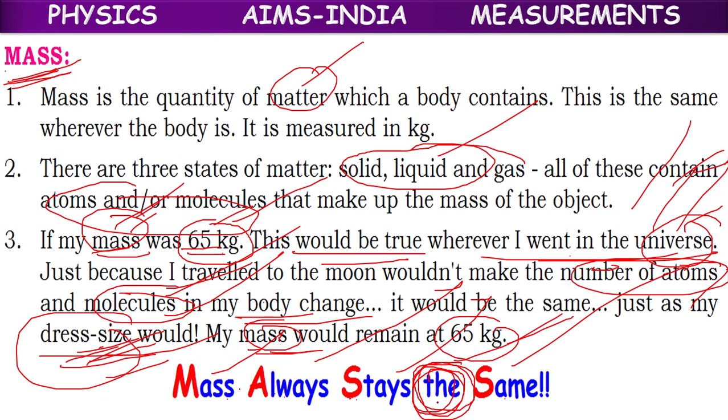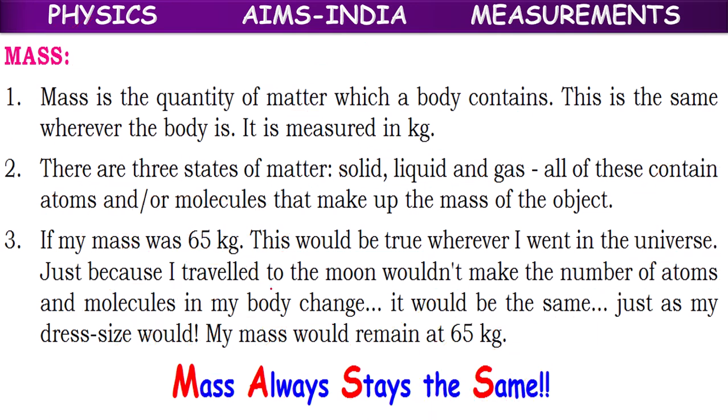Mass always stays the same, which means according to English grammar, which is definite, which won't change, we use the article the before that. That's why mass always stays the same. So M for mass, A for always, S for stays, S for same. Mass always stays the same. We have this acronym. Okay.